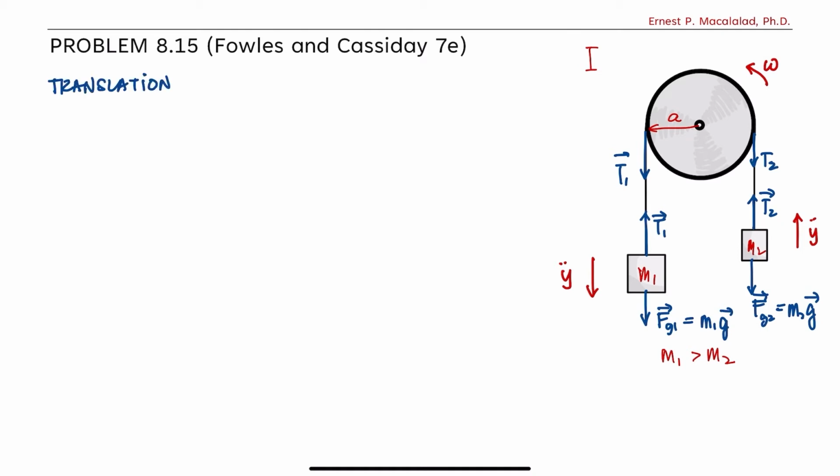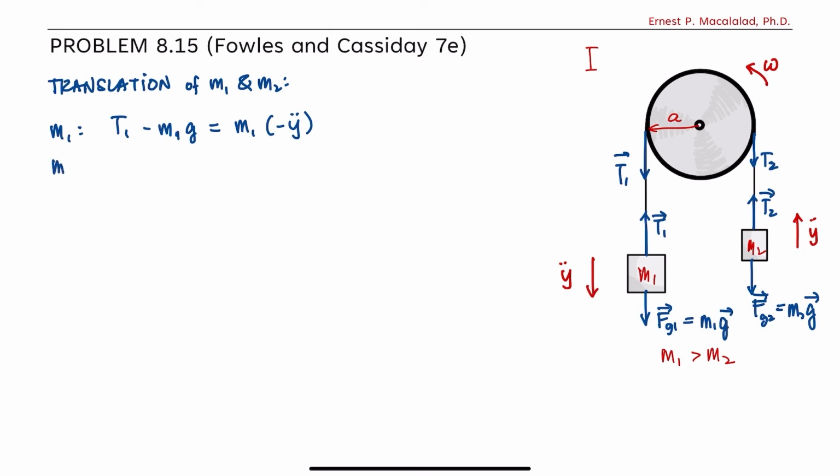Let's start with the translation of m1 and m2. For m1, the equation of motion is T1 minus m1 g equals m1 times negative y double dot. Here, the negative sign indicates that m1 moves downward.